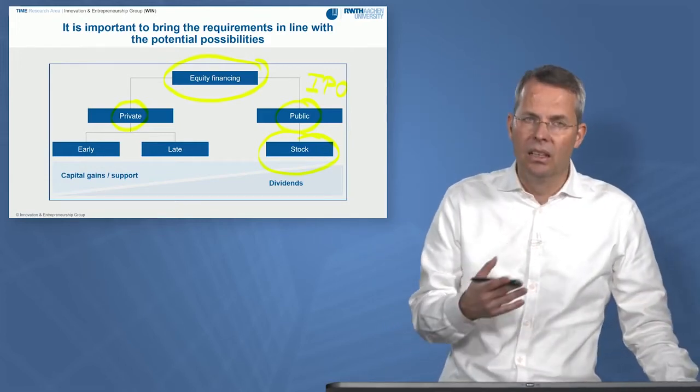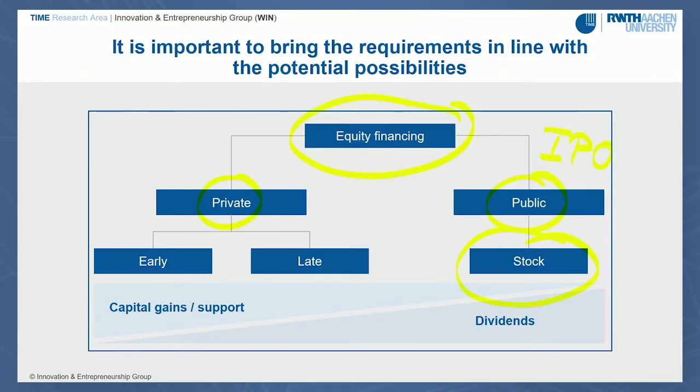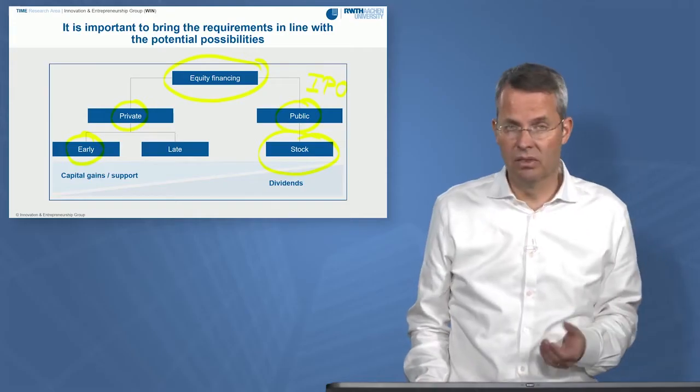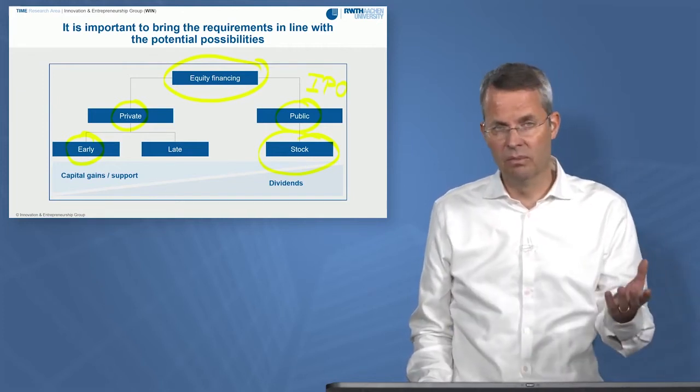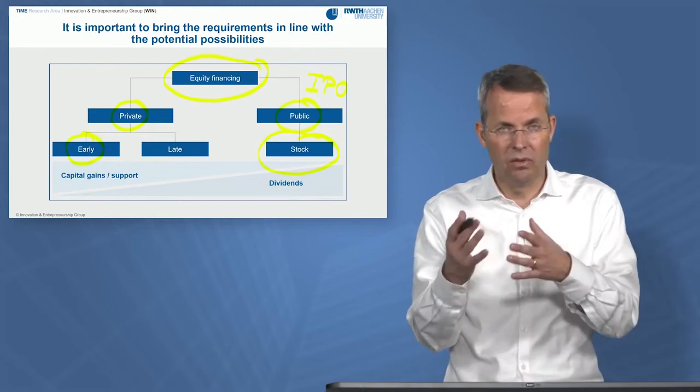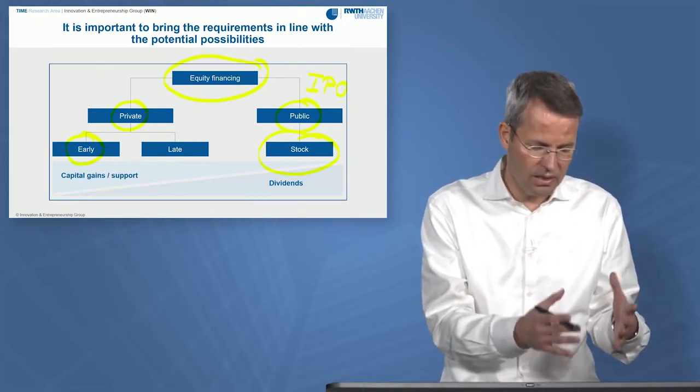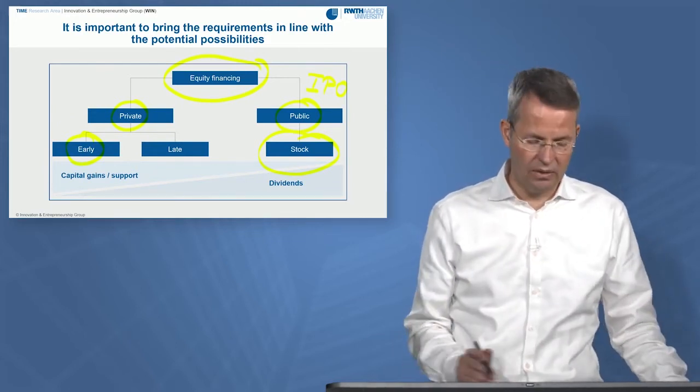And you can differentiate that even more into early private equity, which is the focus of the startup CFOs, because as a startup CFO, you start working early in your company. You get the first money maybe from family and friends, and then from angels, and then venture capitalists. This is all early stage private equity.